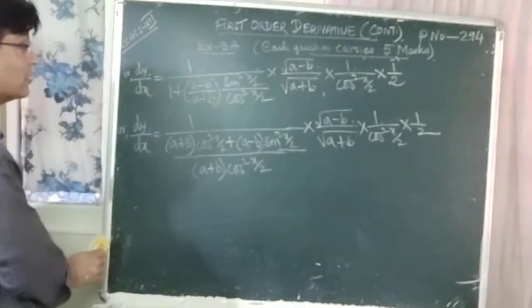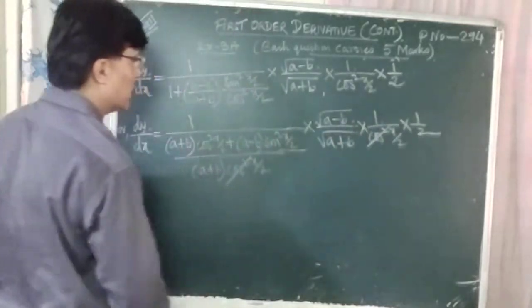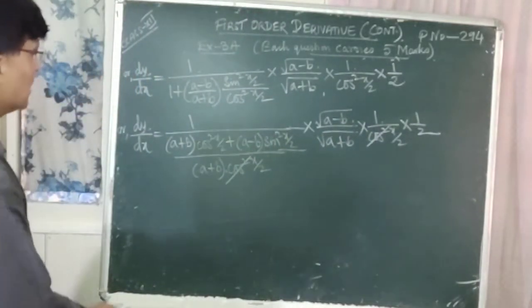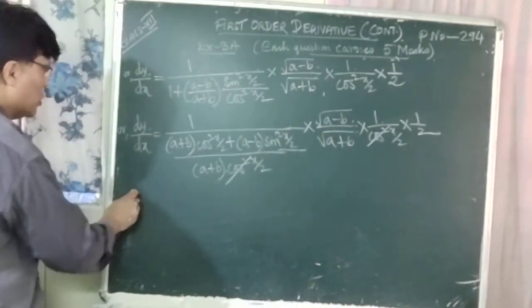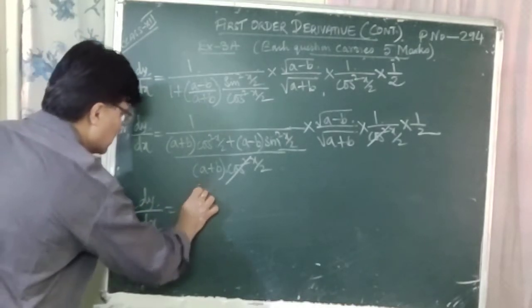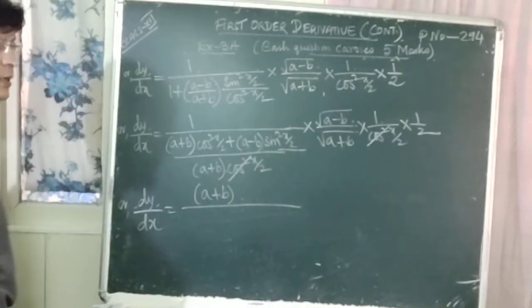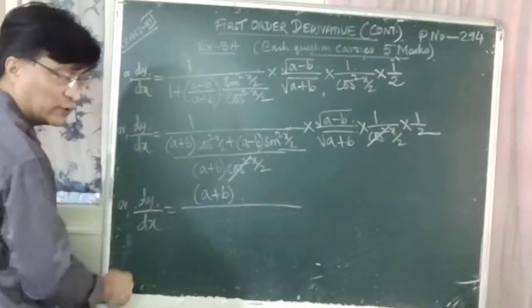Now here, can you cancel any term here? You can cancel this. Cos square x by 2 gets cancelled. Now this a plus b goes up in the numerator, so dy by dx is equal to a plus b in the numerator divided by, in the denominator you can simplify it further, right?